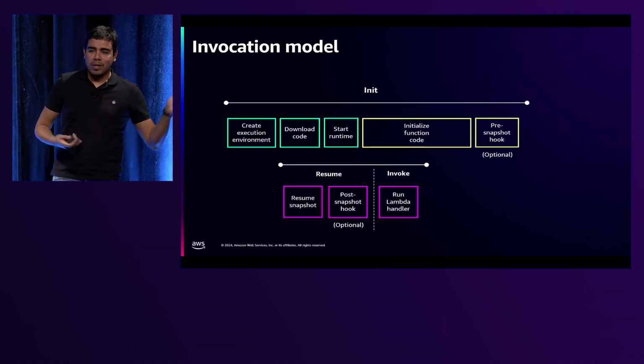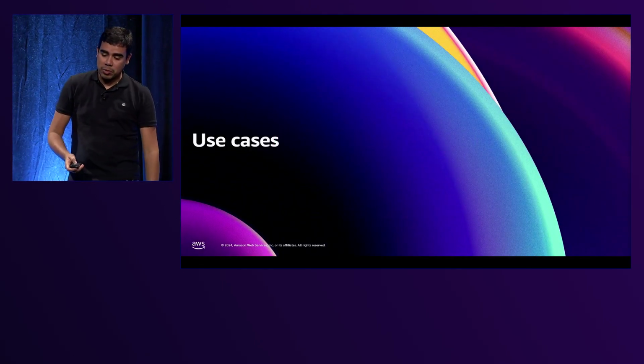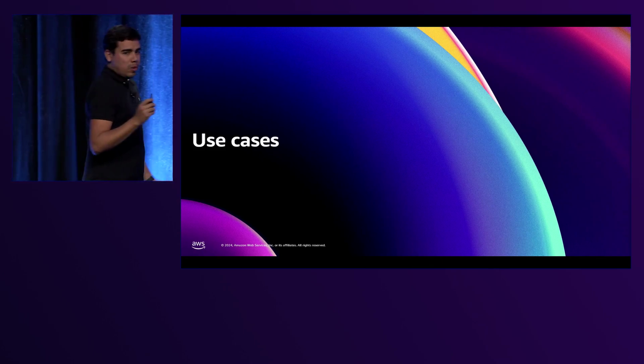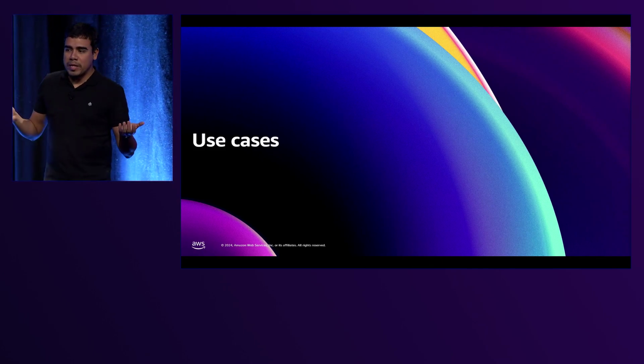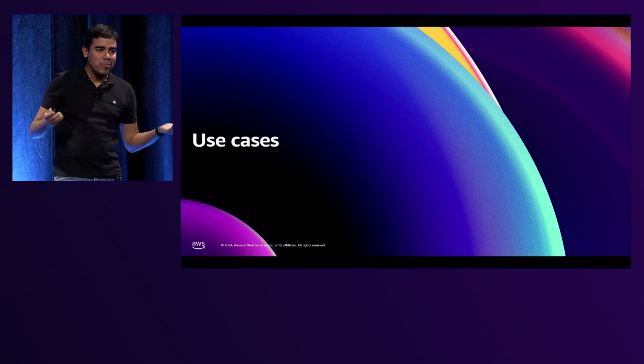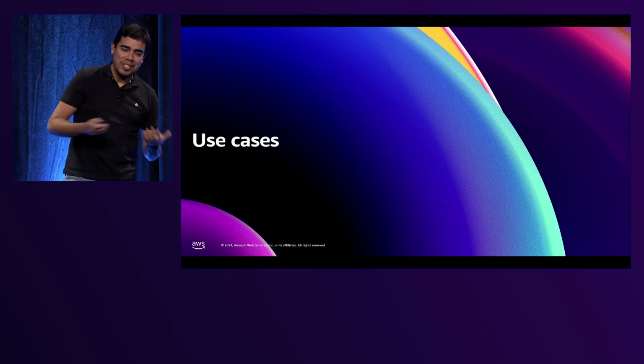Leandro? Thank you. You can see the difference between invoking a Lambda in the on-demand model and using SnapStart. You take a snapshot and then you resume that snapshot. But let's talk about some use cases. For example, a hot topic today is building LLM applications. Everyone wants to improve the GenAI capabilities and take advantage of that.